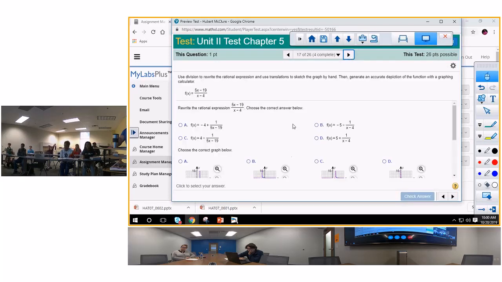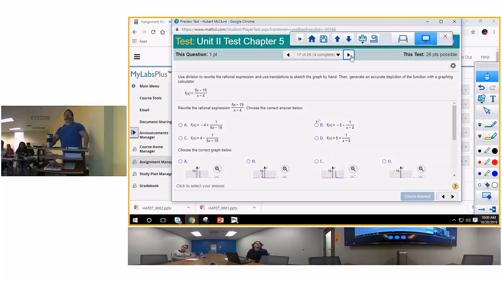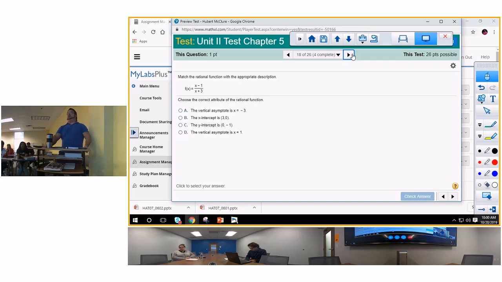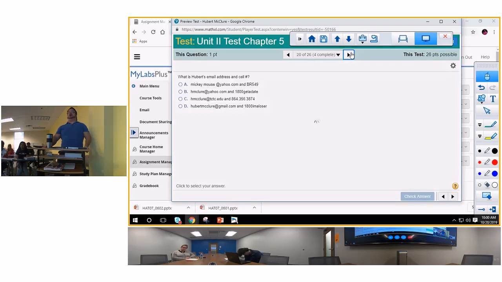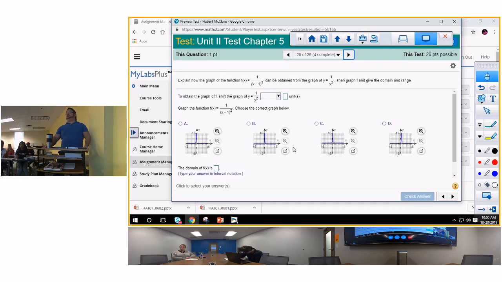You can't factor it, so that means you got a vertical asymptote at x minus 4, and you also need to divide. So we did that one today. Did this one today, or one like it. I'm trying to get through all of it, so just bear with me. There's only 10 or 12 math questions, and we did this one today.